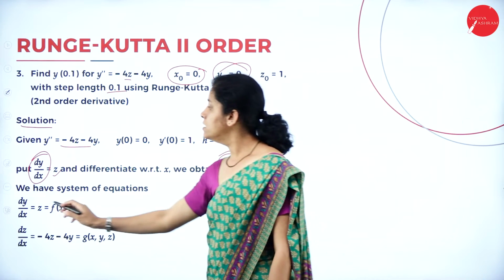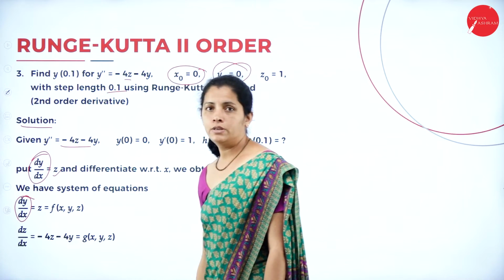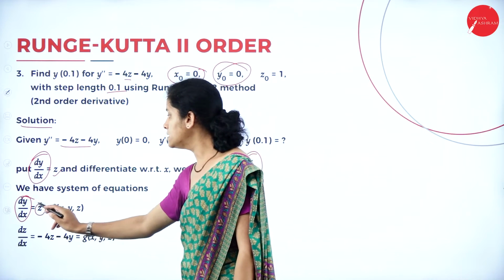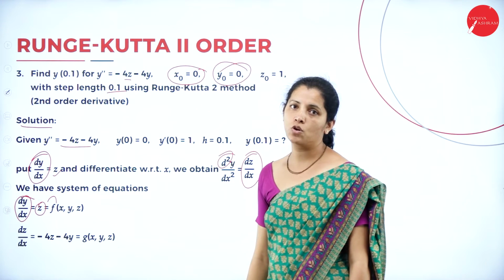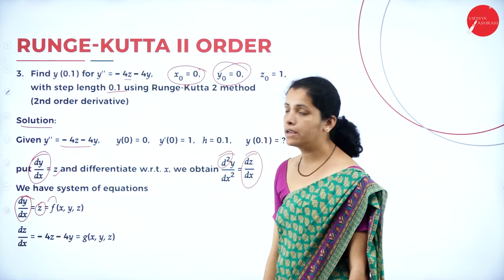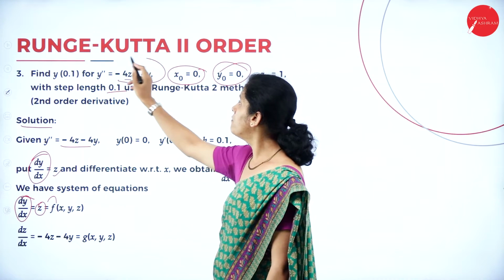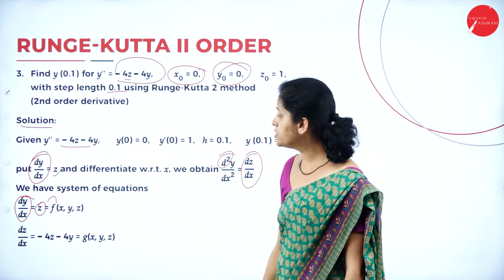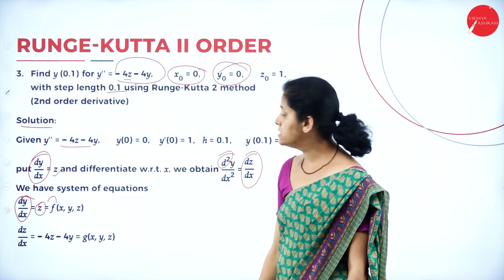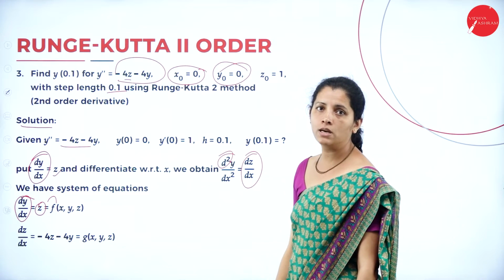So the first order derivative is z, which is f of x comma y comma z. And the second order derivative, that is my equation, is represented as g of x comma y comma z.